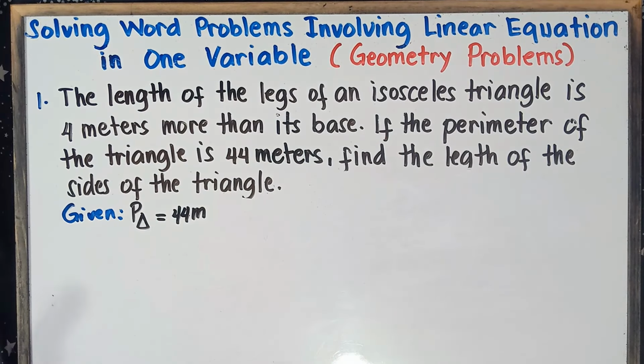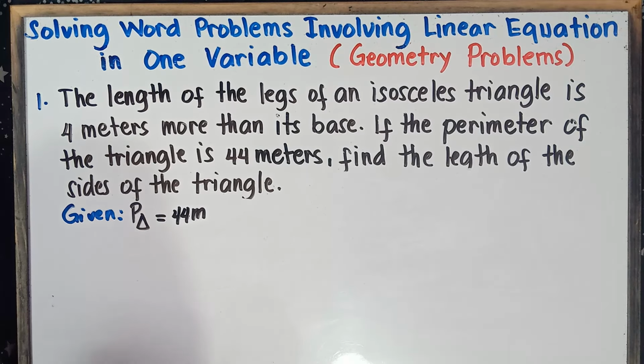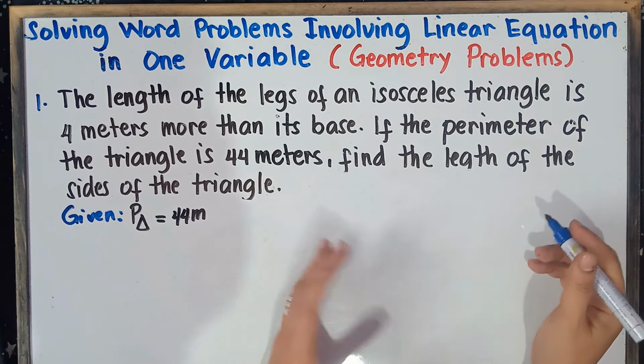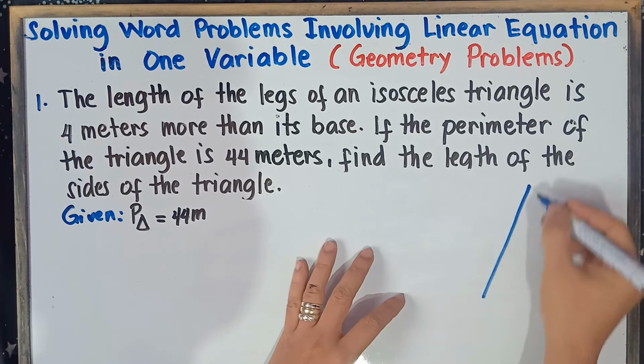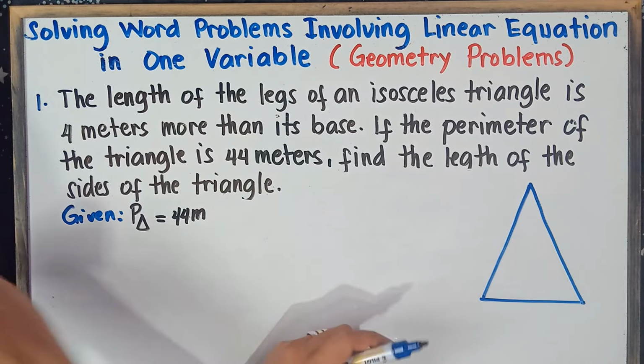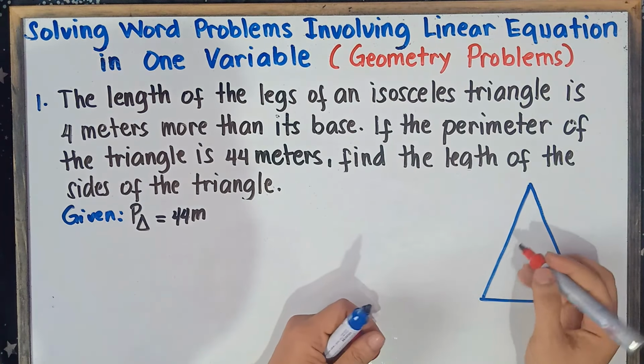It's better for you to have an illustration, especially in geometry. Do you still remember what an isosceles triangle is? Let me draw that one. We call this an isosceles triangle if two sides are equal.